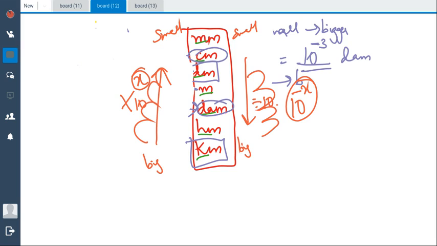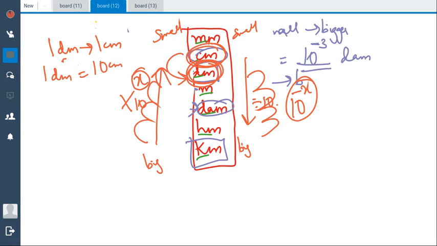Now, do you remember the relationship? You need to convert centimeter into decimeter. How many steps? One step. So going from the bigger unit to the smaller unit, 1 decimeter will be equal to 10 centimeter.